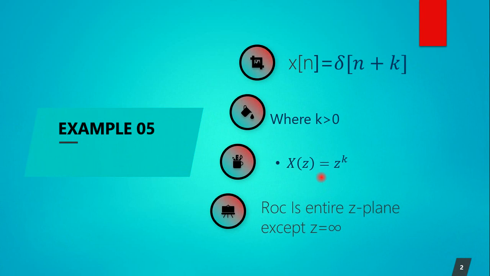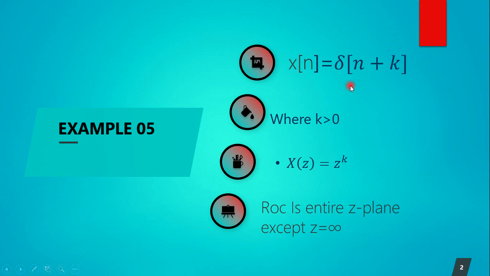Here is another example. In the previous we had a forward shift, and in this we have a reverse shift. We are shifting our signal to the past or left side.